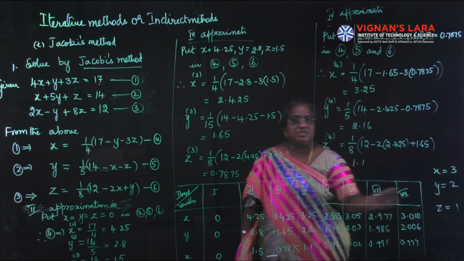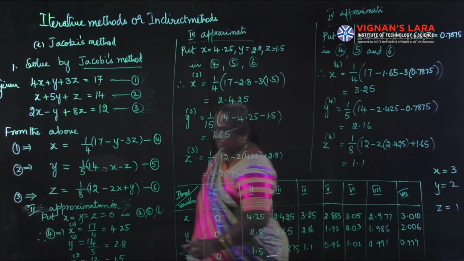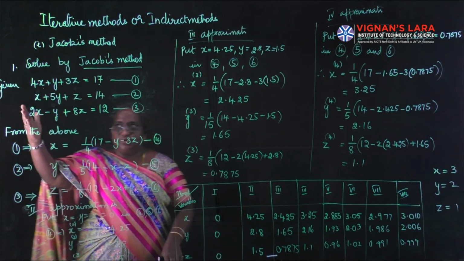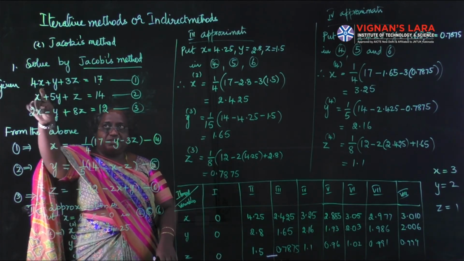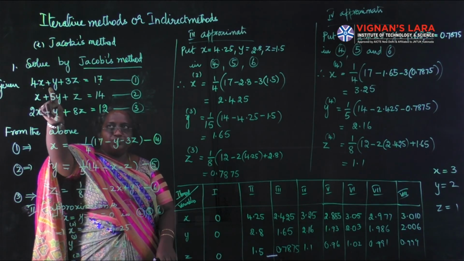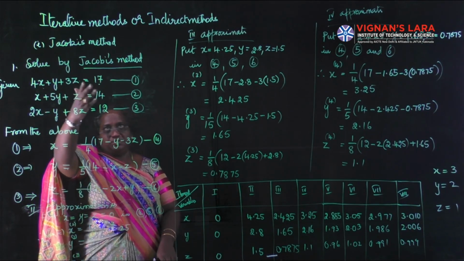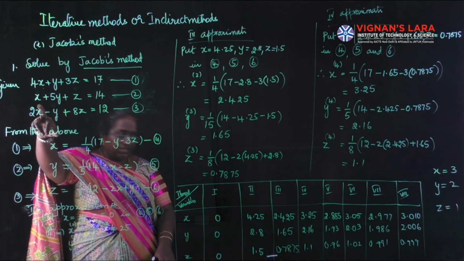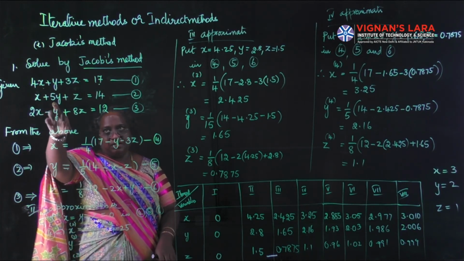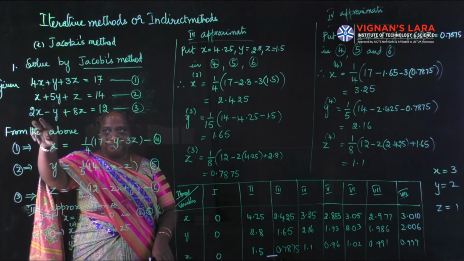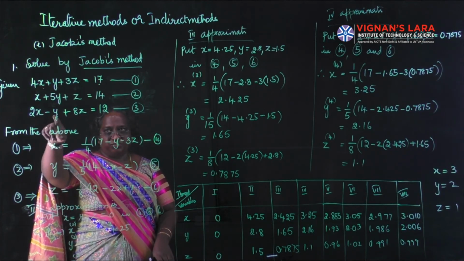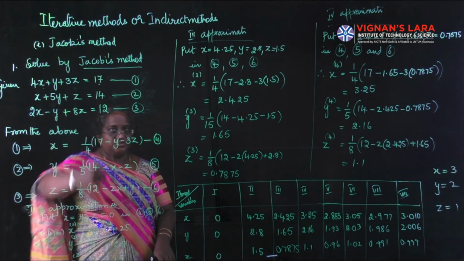It is almost equal to 1. If you substitute, you can know the answer. If you put those values, x is 3, 12, 12 plus 2, 14, 14 plus 3, 17. x is 3, 3 plus 10, 13, 13 plus 1, 14. 2 into 3, 6, minus 2, 4, 4 plus 8, 12.